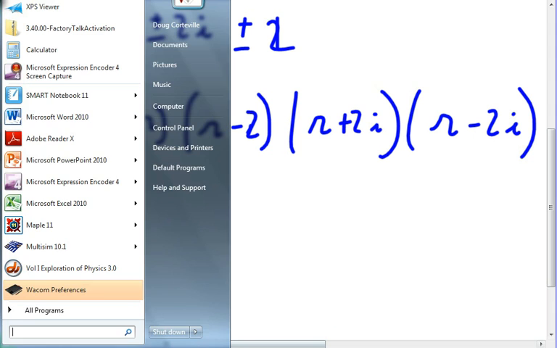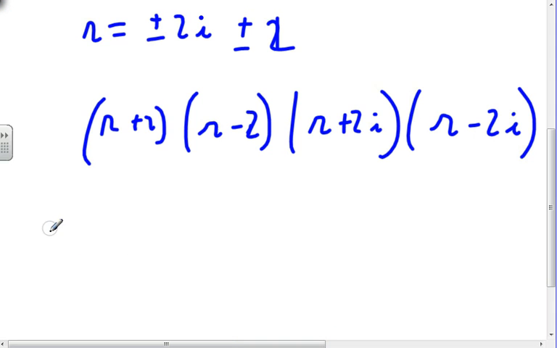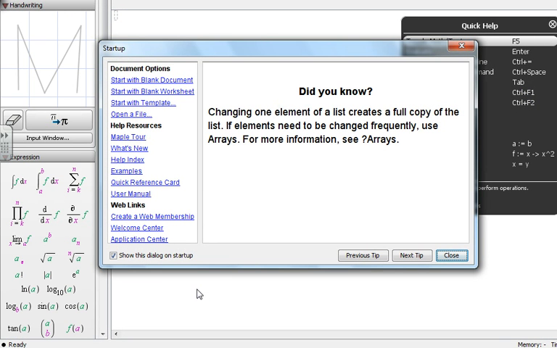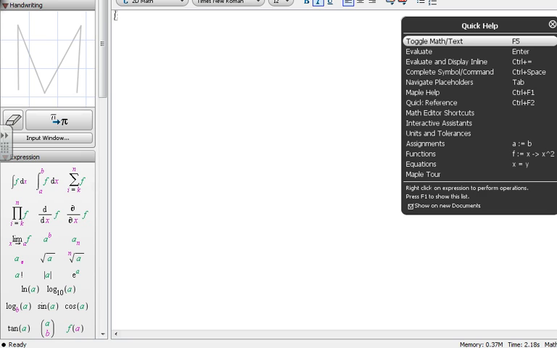Okay. And of course we want to do that in Maple so we didn't mess it up. I'm thinking I can do that on this calculator, can't I? Maybe not. But I can do it in Maple. Okay, so I'll do that.